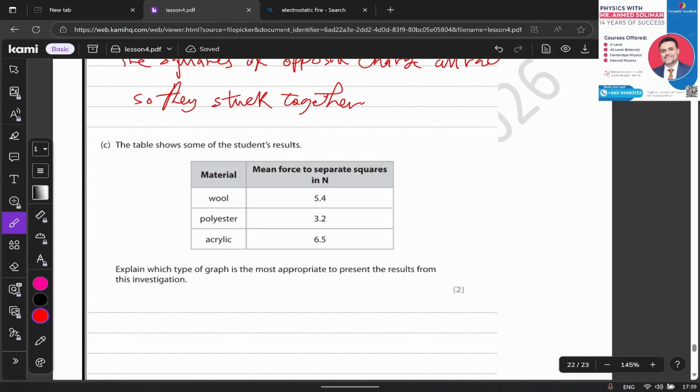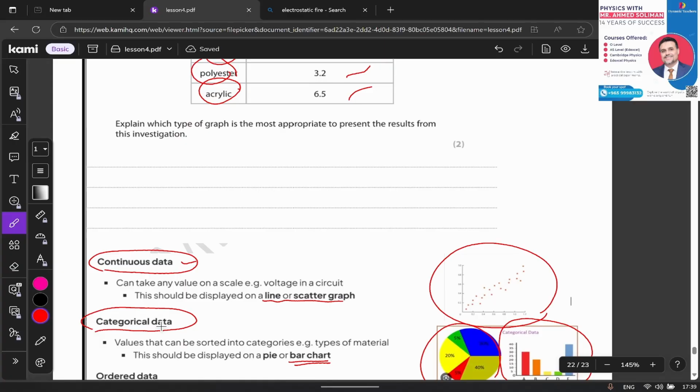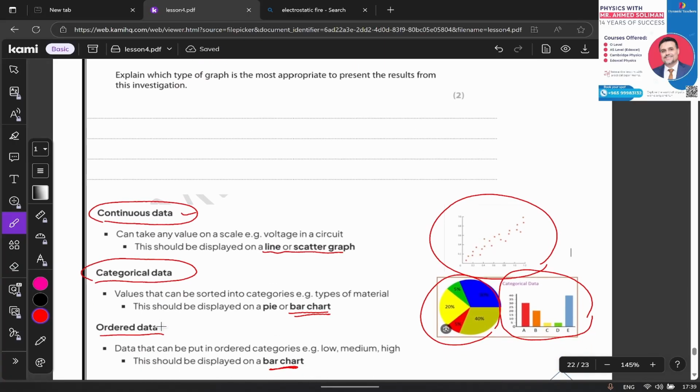In this question, what will you choose? We have materials and numbers. So, which one is suitable? Bar chart. Yes, explain why. Materials are category data.